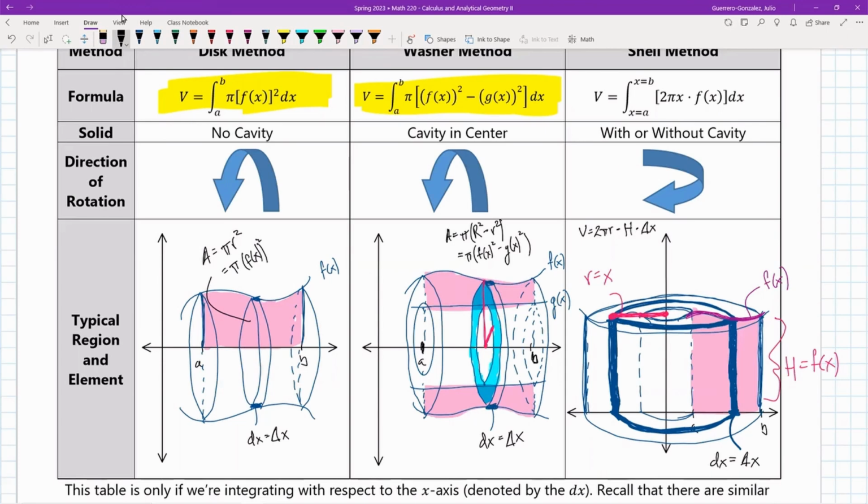And if we do it for this particular one, we have V is 2 pi, my r is x, that's how far out we went, times h, my height, which is dictated by the f of x, times dx. That's where we get this statement up here.